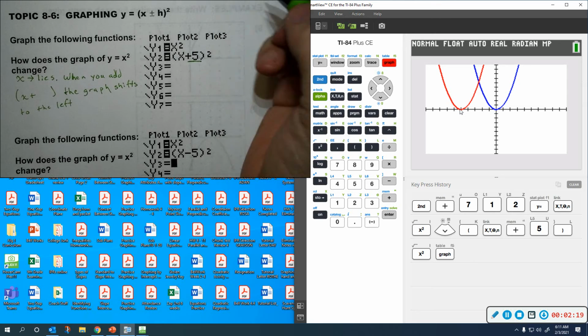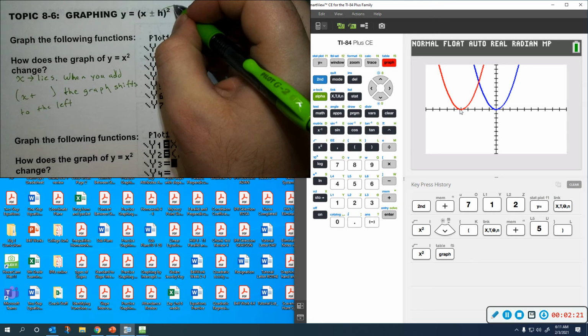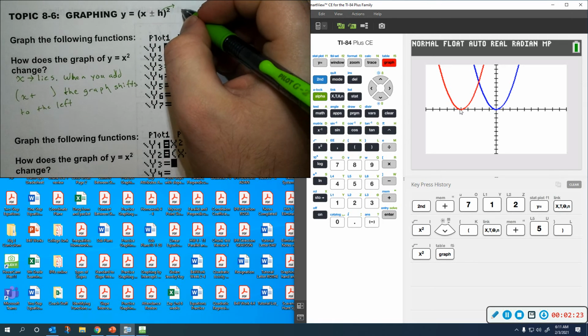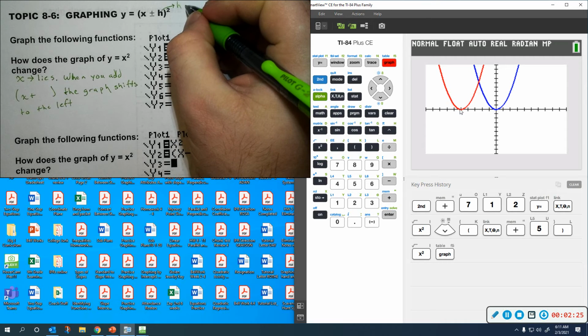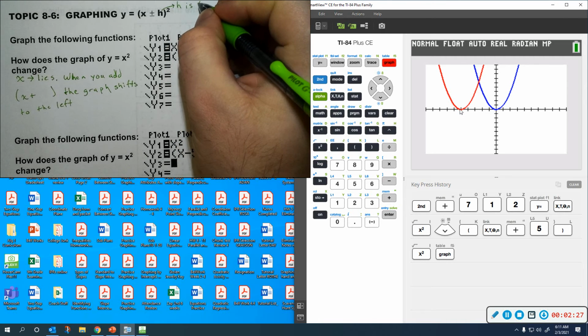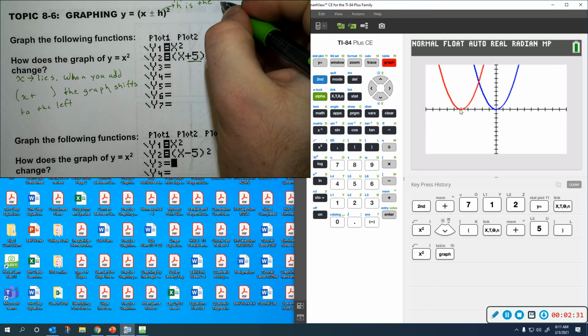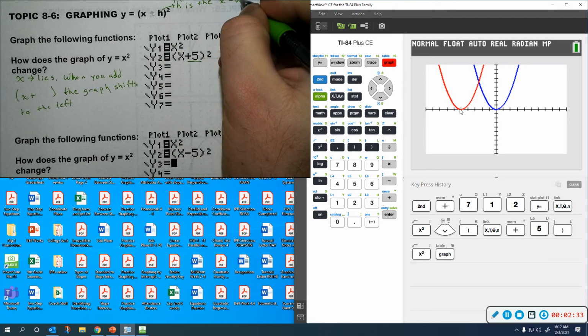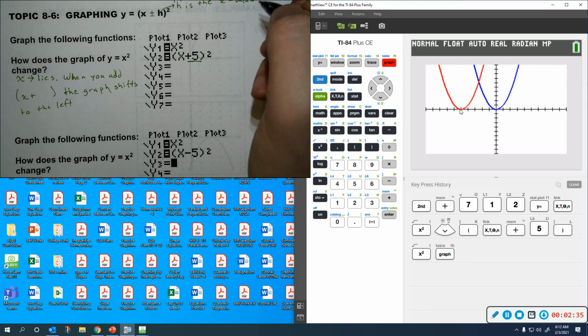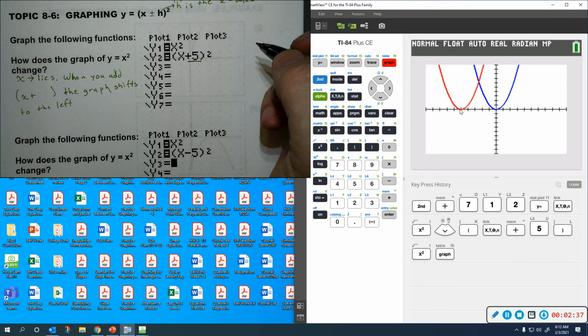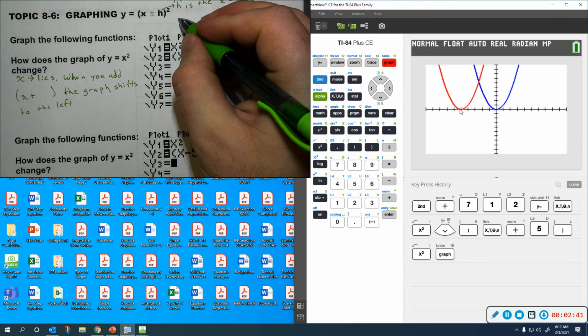Now, side note, remember the h is your x value. And for you to adjust the x, it's always going to be in parentheses.